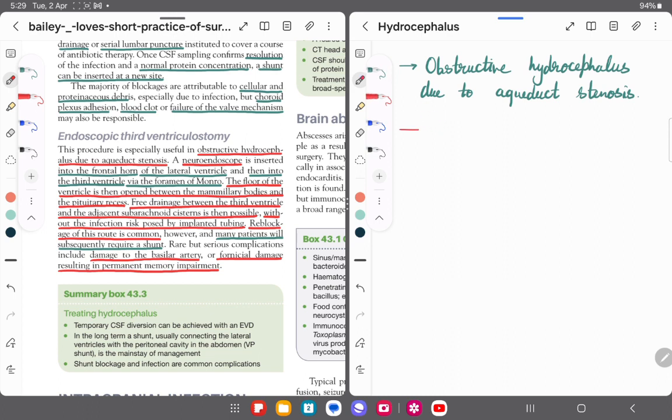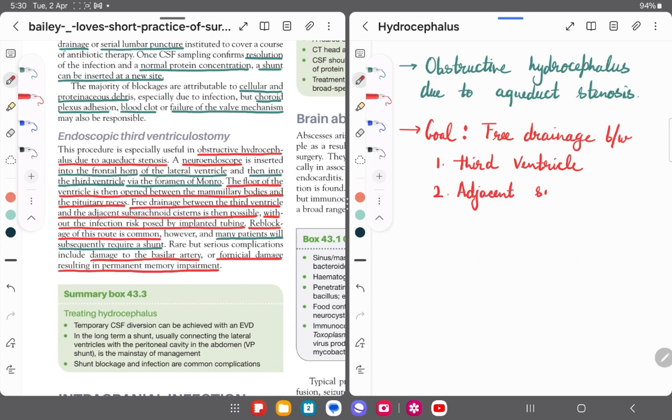So the goal is to establish a free drainage between the third ventricle and adjacent subarachnoid cisterns.